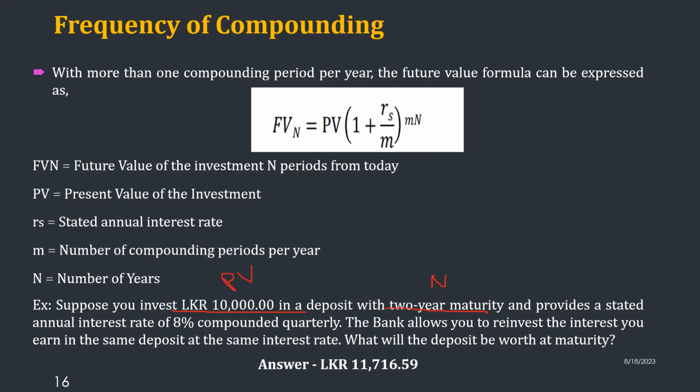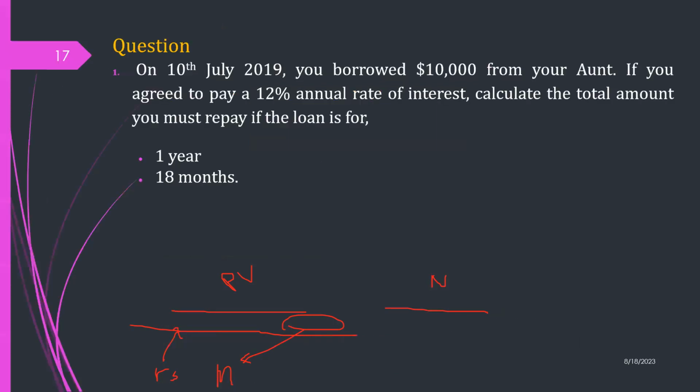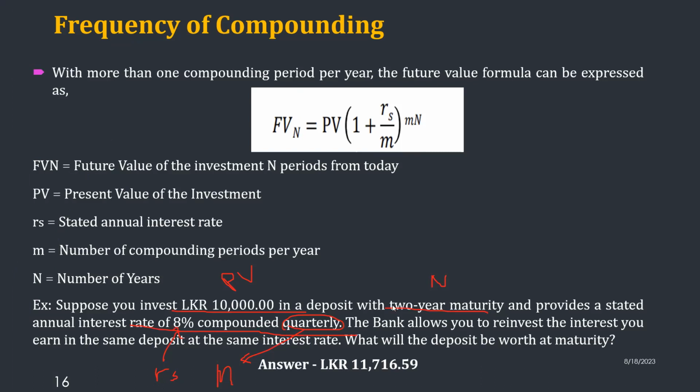In 2 years maturity and a stated annual interest rate of 8% compounded quarterly, 8% is RS and compounded quarterly is M. Then by looking at these things, you can get the answer. I will show you how to calculate this answer.